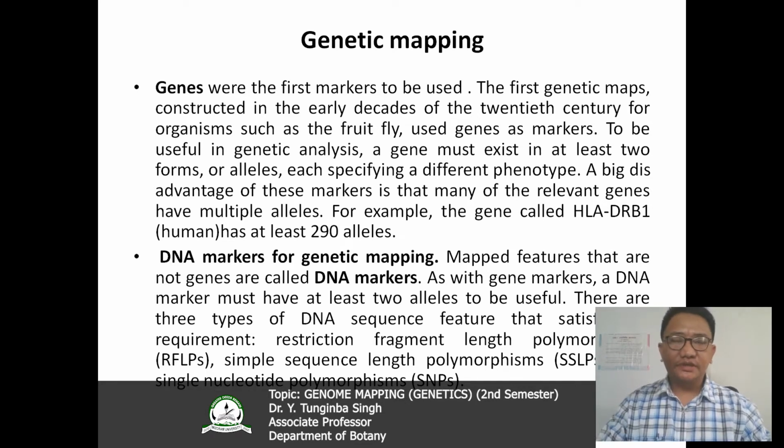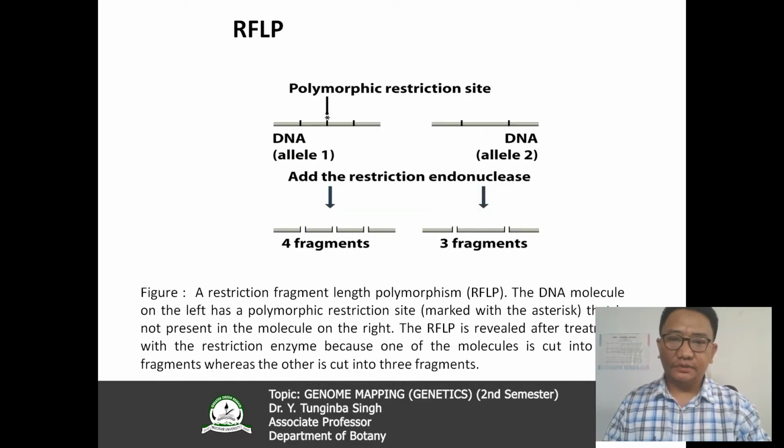They have some advantages over genes as markers, so using DNA markers, genetic mapping can also be done. There are three important tools used to study genetic mapping: restriction fragment length polymorphism, RFLP in short, simple sequence length polymorphism, SSLPs, and single nucleotide polymorphism. We'll quickly go through them one by one.